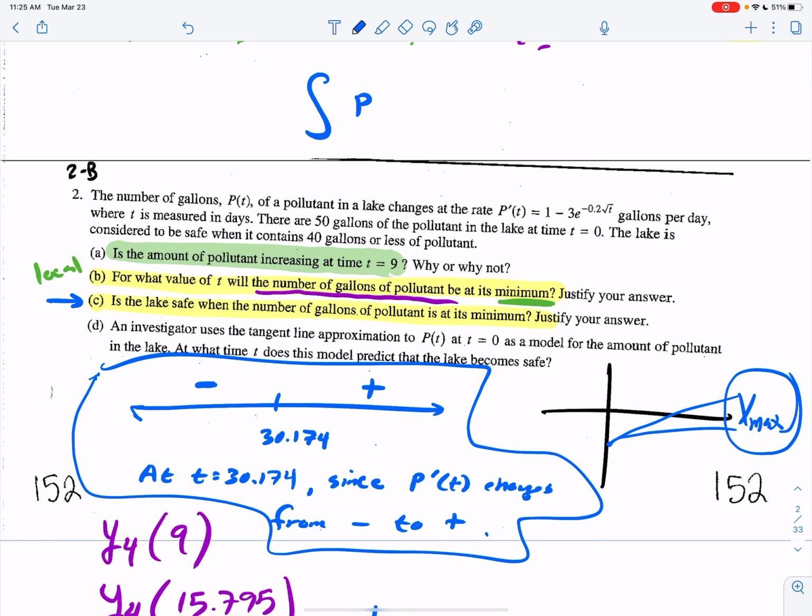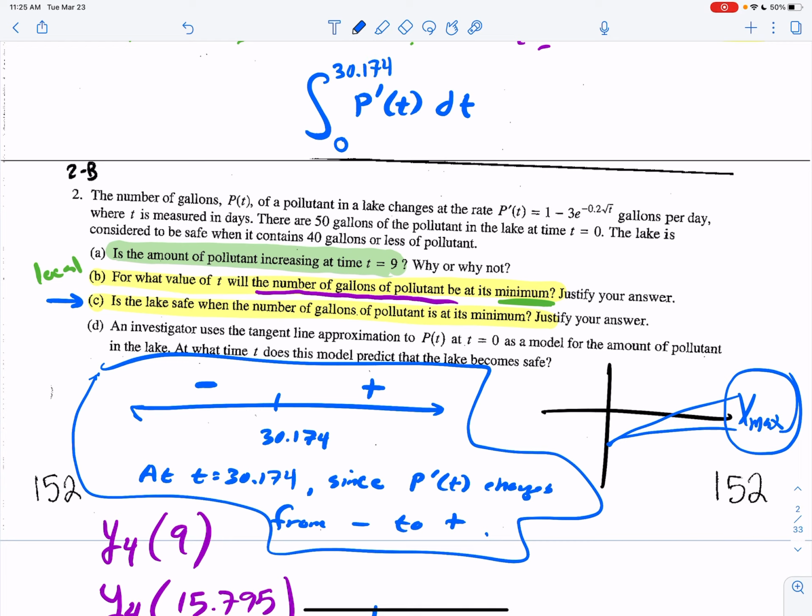If we integrate P prime of t, we will get the amount of pollutant that goes into the lake, from 0 all the way up to the minimum, which in this case is 30.174.